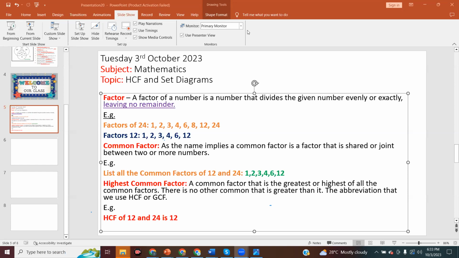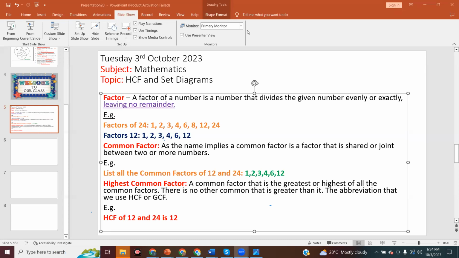Good. Tanaz, what are the common factors of 12 and 24? The common factors of 12 and 24 are 1, 2, 3, 4, 6, 7. All right, thank you.